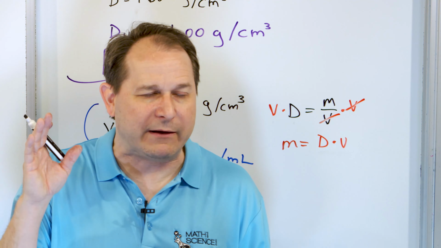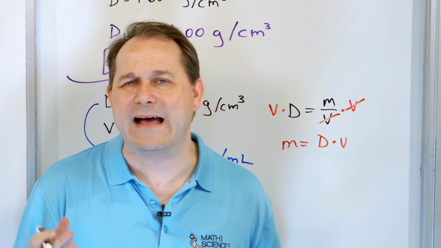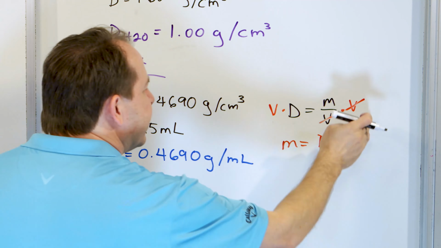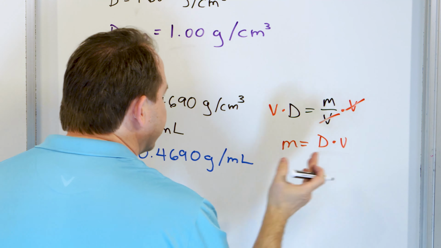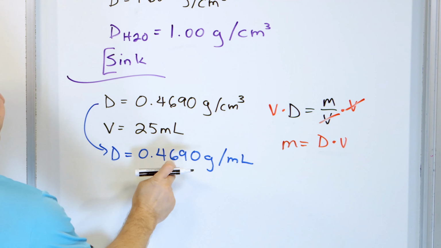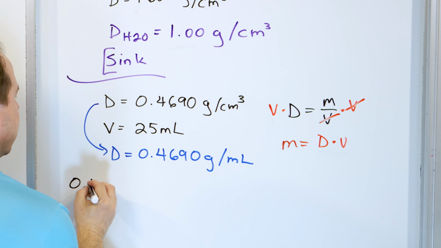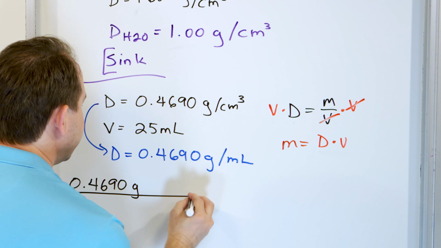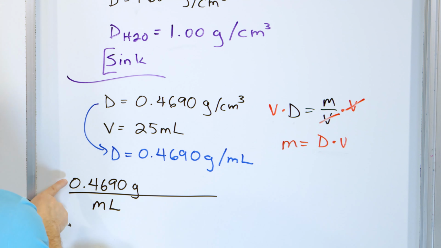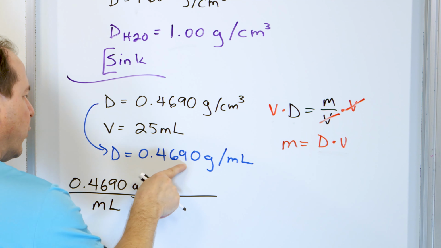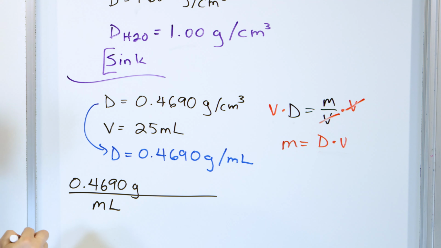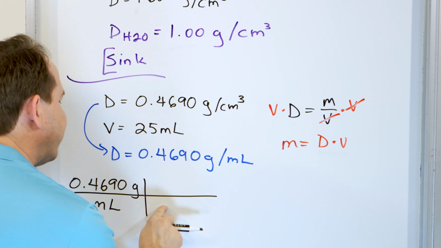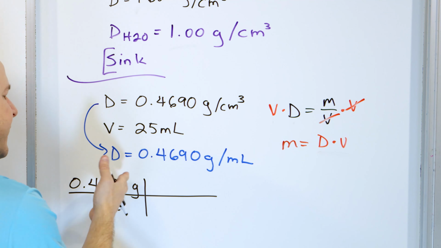We've talked about dimensional analysis and things in passing, but now we're going to use it here. Let's say I don't even know I have to multiply. If I just write this unit down, 0.4690 grams, and I write it as a unit per milliliter, 0.4690 grams per milliliter, and then I know that I'm after a 25 milliliter sample, I can put the 25 milliliters on the bottom, but nothing will cancel.